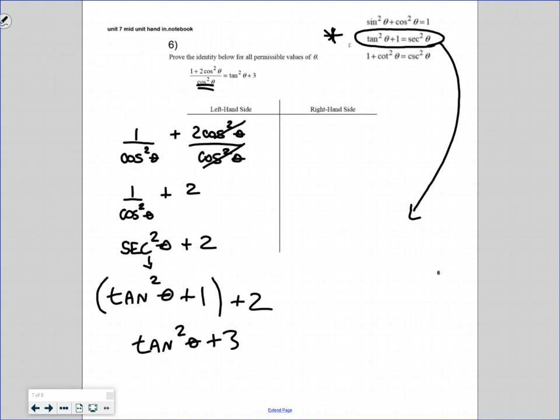Okay, so there is a nice way to do the question. And back to the common theme: whatever the question's kind of telling you to do, do that before seeking out other options. Oh, and I should say left-hand side equals right-hand side. That's always the way you want to end it. Anything more to say about that one? I think that's pretty good, isn't it?